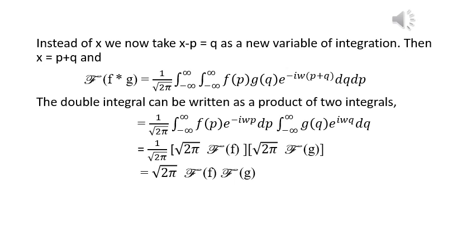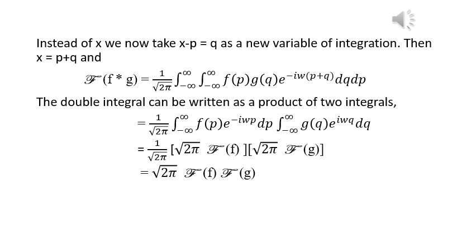The double integral can be written as a product of two integrals. That is, it is equal to 1 by root 2 pi integral minus infinity to infinity f of p e raised to minus i omega p dp into integral minus infinity to infinity g of q e raised to minus i omega q dq.